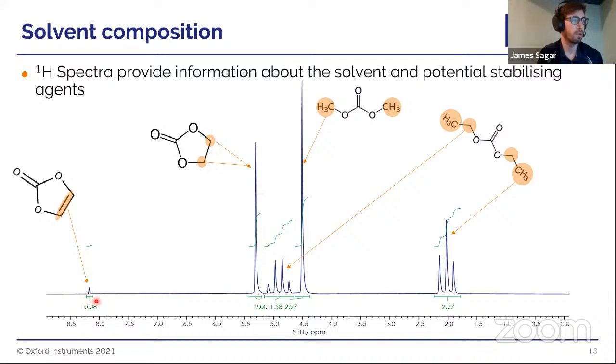We also have a small signal at a higher chemical shift here for our vinylene carbonate additive, which is typically added to these formulations to form a robust SEI layer.